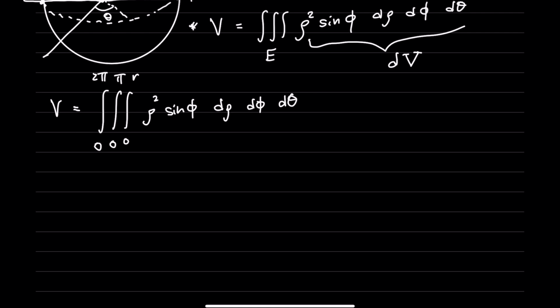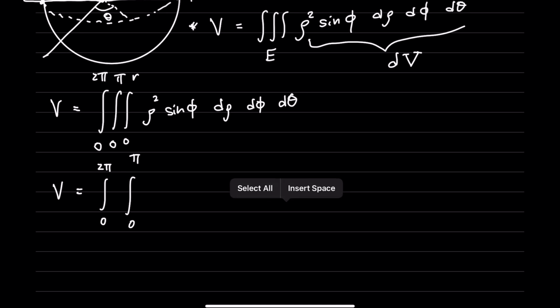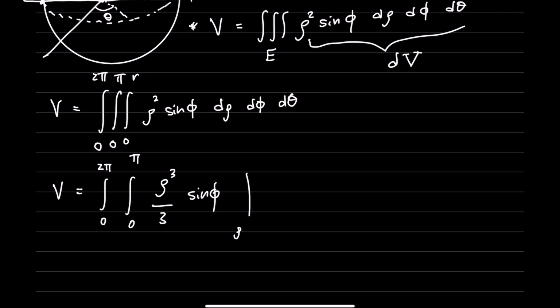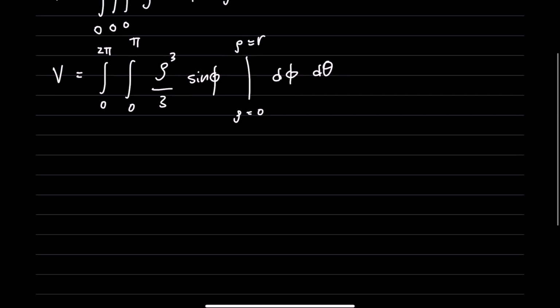The volume of the sphere is the integral from 0 to 2 pi, and the integral from 0 to pi, and if we integrate with respect to rho, we're going to have rho cubed over 3 times sine phi, evaluated when rho is equal to 0 and rho is equal to r, d phi d theta.